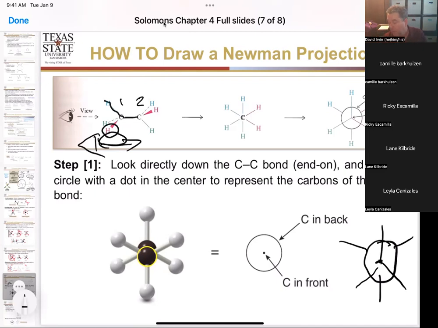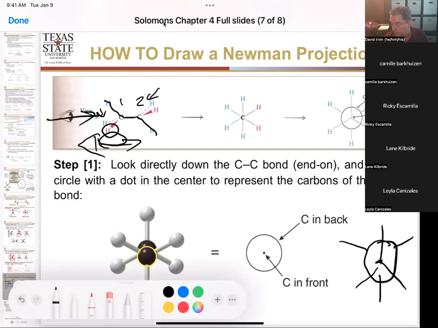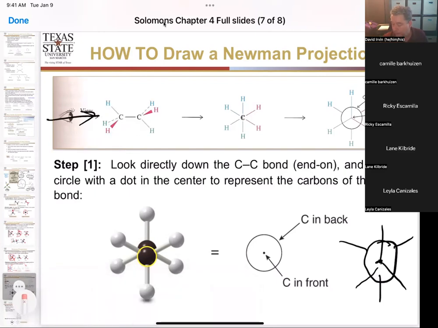This hydrogen, this carbon, and this hydrogen right here are all in the plane of the paper. And this hydrogen and this hydrogen are on dashed wedges, so they are pointing back from us. So if we're looking down this perspective, let's take away all that stuff.